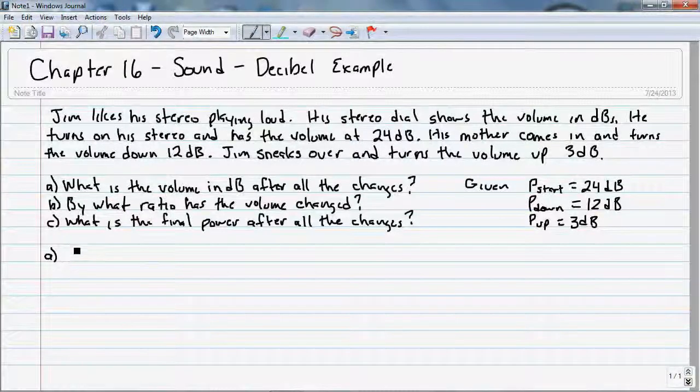So for part A, we want to find the power at the end of all the changes in decibels, and that's just going to be the power at the start. It was turned down, so we're going to subtract the power that it went down, and then we're going to add, because it's going up, the power up.